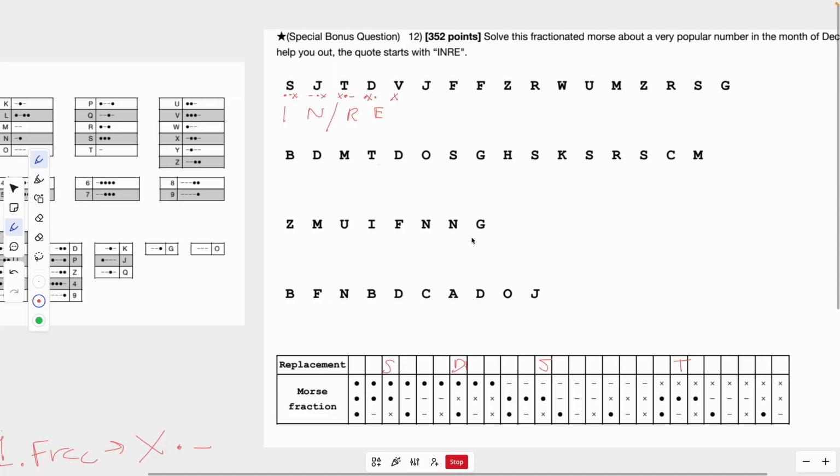So we have two ways to go from here. So first we could try filling in letters in here, or we could try putting all of the S, J, T, and D letters that we know into here.